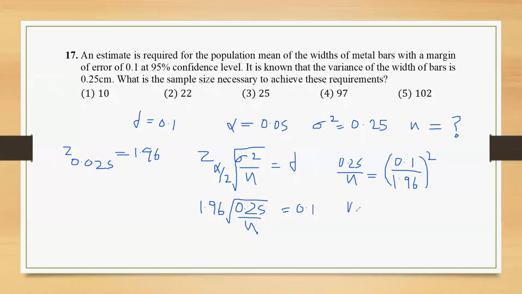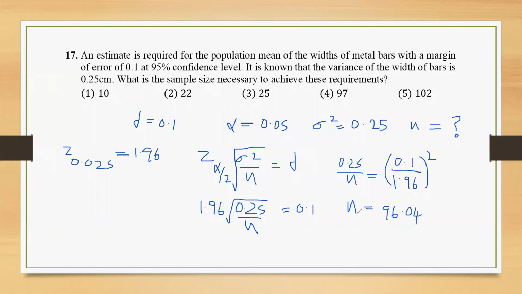So now you can keep n on this side, and you can take all other values to the other side, and finally you have the answer 96.04. So this is a number, it means count or the number of sample size.